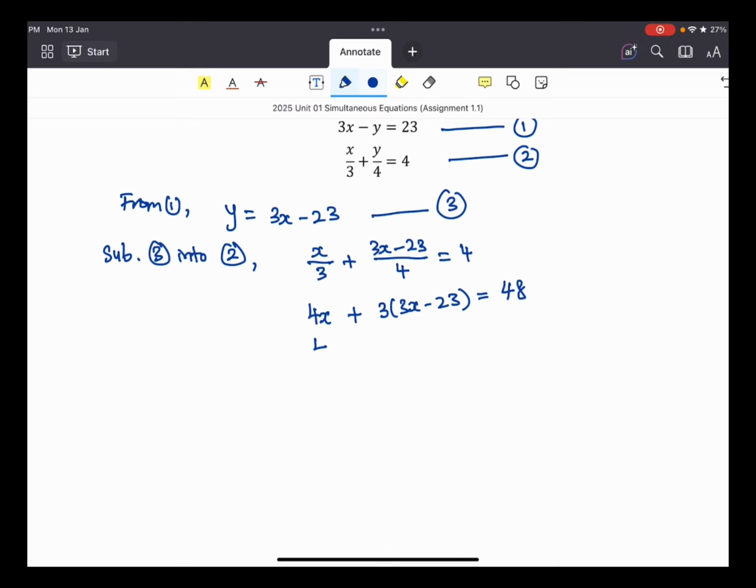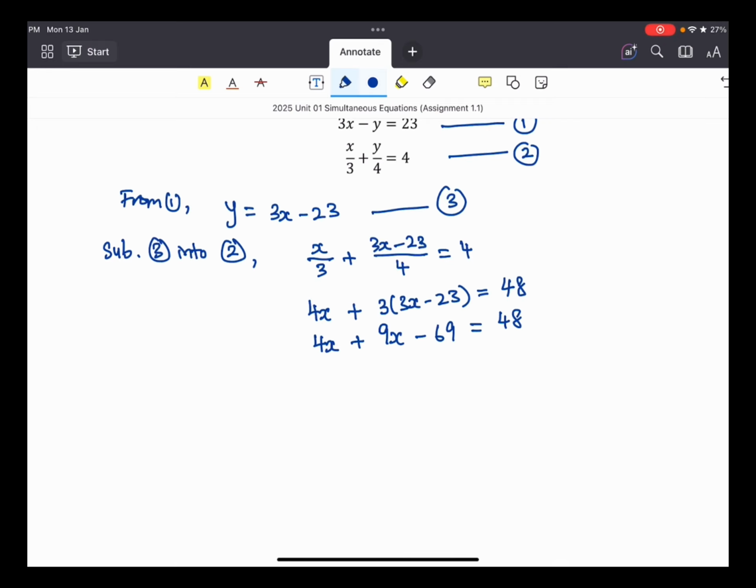So continue, 4x plus 9x minus 69 equals 48. That means 13x equals 117. x is equal to 9.